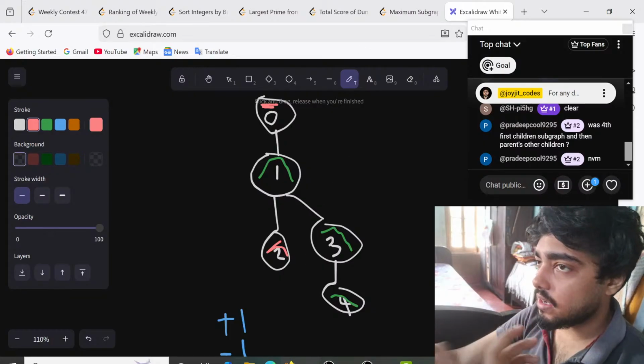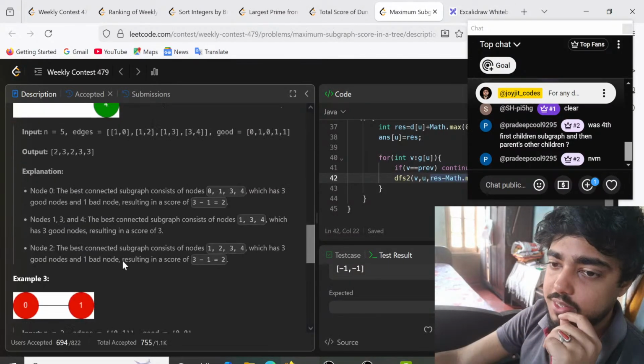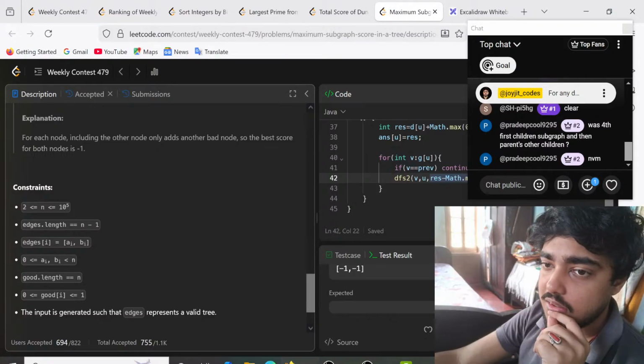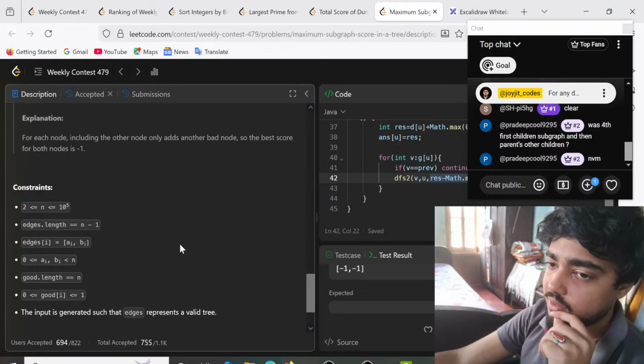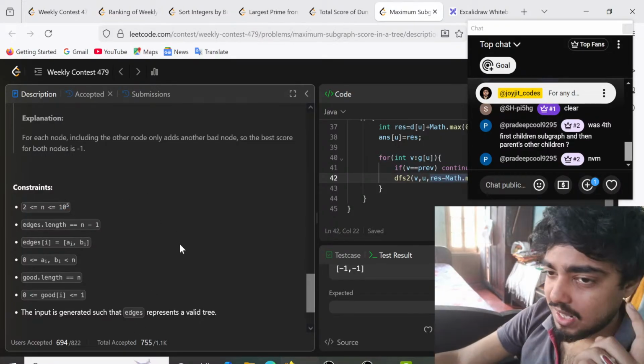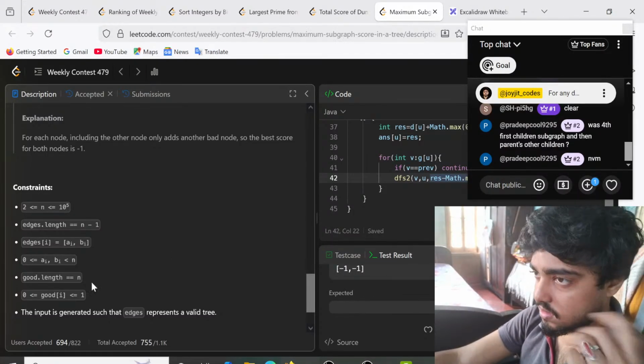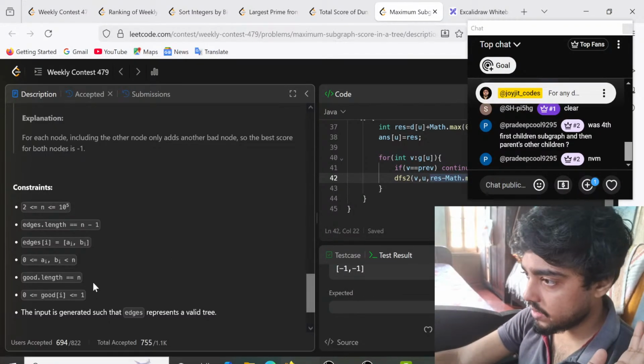So you need a recursive approach. First let us look into what was the value of n. It is 10 to the power 5. Whenever you see 10 to the power 5 or somewhat like that, it's basically a DFS BFS question. You're well and good enough to go with it.